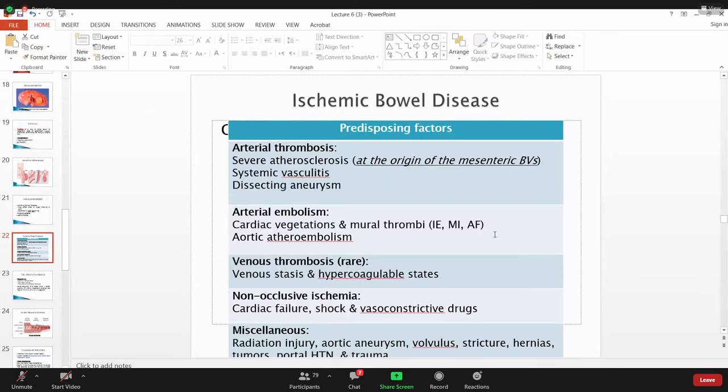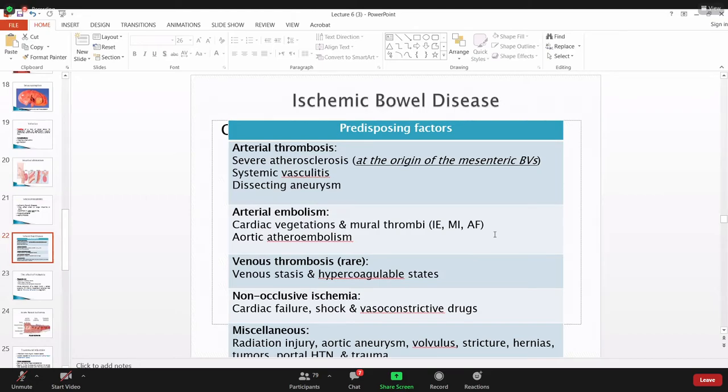Ischemic bowel disease: we said ischemia is when there is a cut of the blood supply or a severe decrease in the blood supply to a degree that affects the flow of nutrients and oxygen to the area, and we call it ischemia.